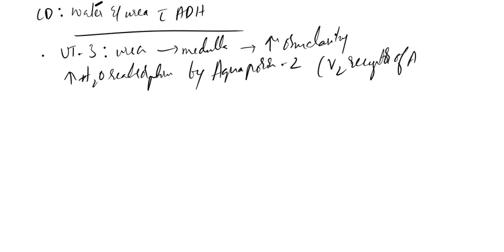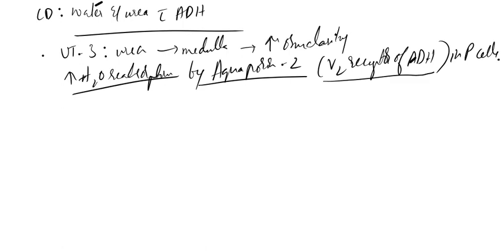V2 means vasopressin receptor of ADH in P cells, right? So increased water reabsorption takes place through the aquaporin 2 channel, through the vasopressin 2 receptors of antidiuretic hormone present in P cells.